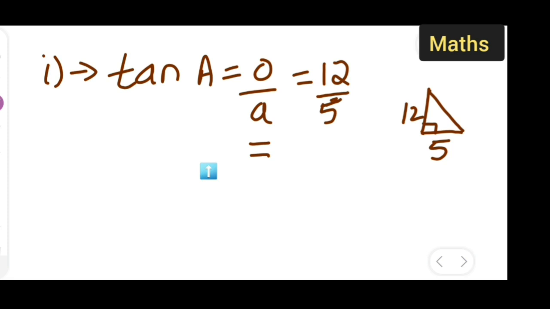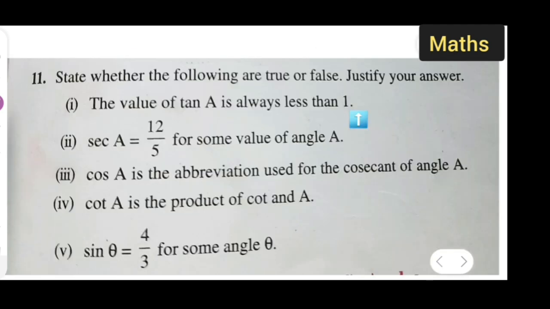If you divide it, 5 ones are 5, 5 twos are 10, and then 2 will remain, and you will get approximately 2.4, right? So this 2.4 is greater than 1, but it says the value of tan A is always less than 1.